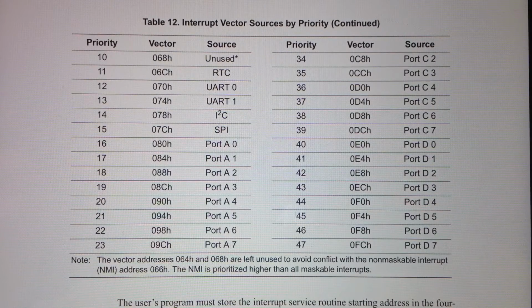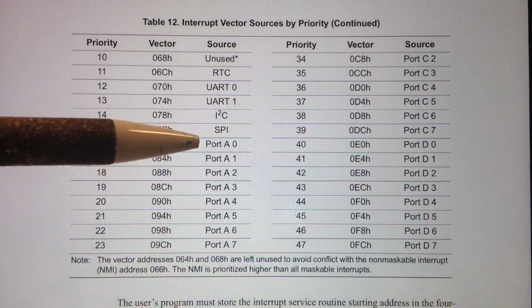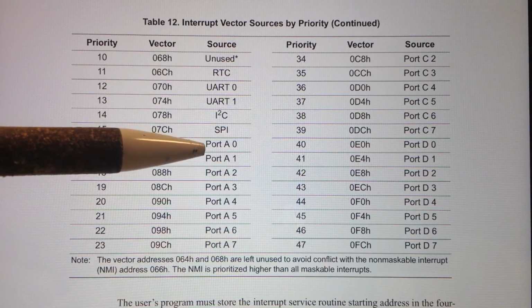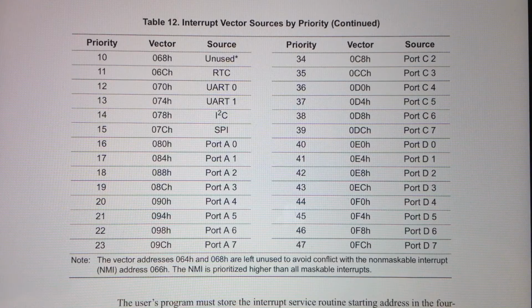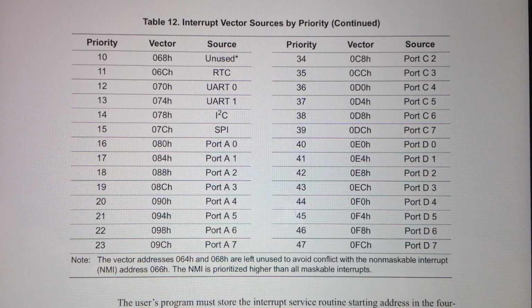I'm looking at the interrupt vector sources by priority now, and the interrupt that gets delayed, which we saw in the scope, was a pin interrupt on port A, and there must be another interrupt that has higher priority that stops this from executing immediately.